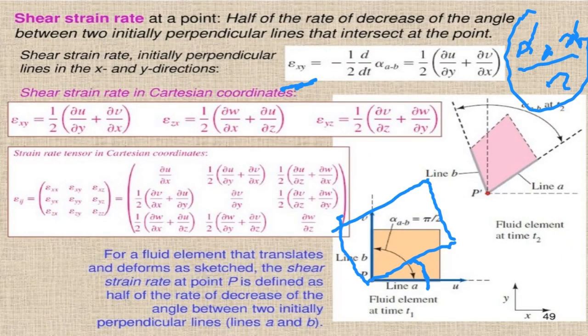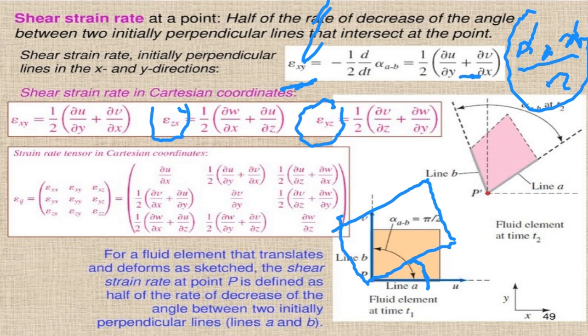And this is only xy, so you will also have zx, which is the shear strain on the zx plane, and yz, which is the shear strain on the yz plane.